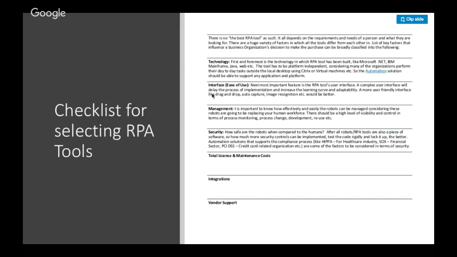Finally is the security. When we are learning RPA tools, we forget that RPA tools are not an assistant that would be working on the same system where your normal user would be working. An RPA tool would be running on a dedicated system, because when the RPA tool is doing automation, you can't expect yourself to also get into it and do some work.